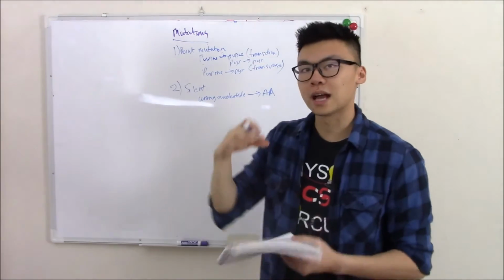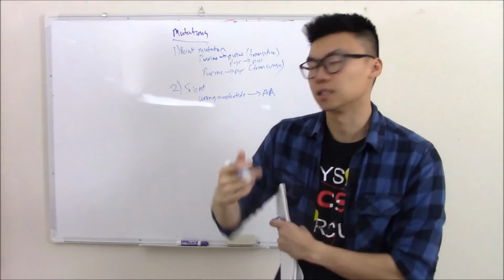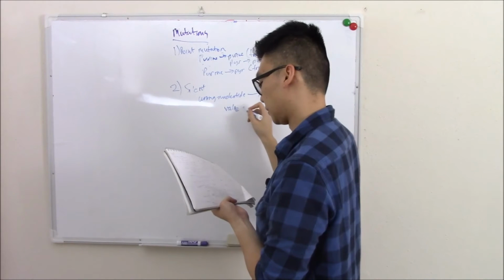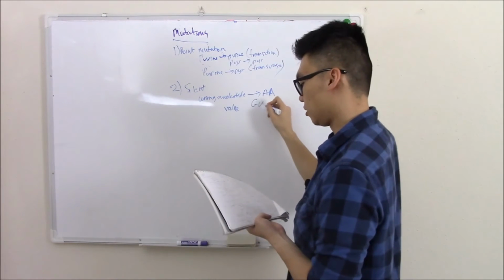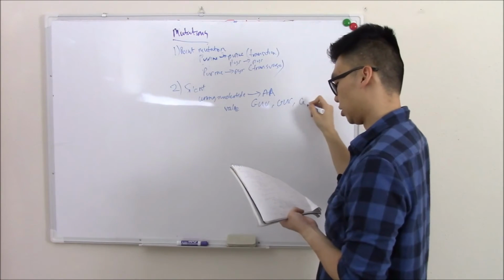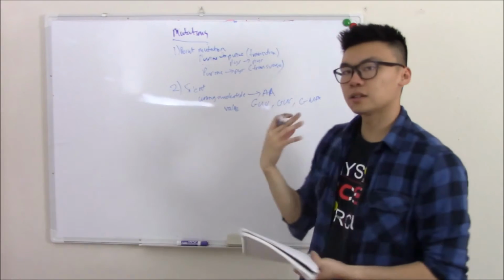How is that so? If you've ever seen a chart of amino acids and their nucleotides, you'll notice there's some redundancy. For example, if you take valine, valine is coded by GUU, GUC, GUA, and so there's some redundancy.